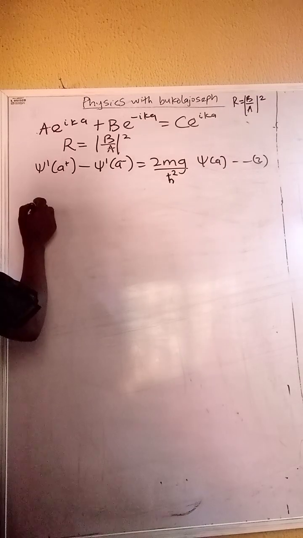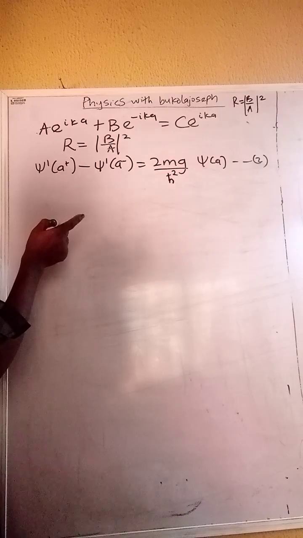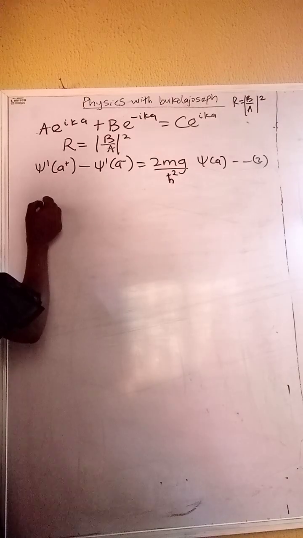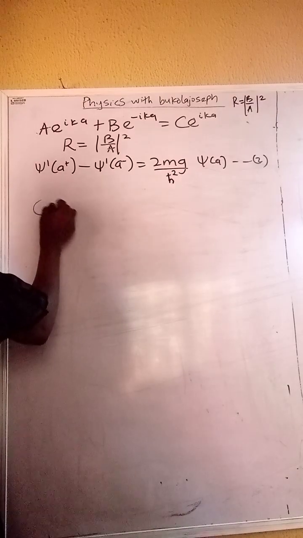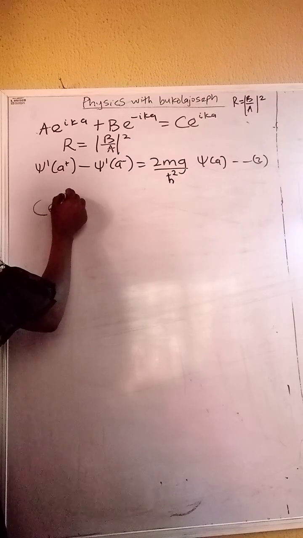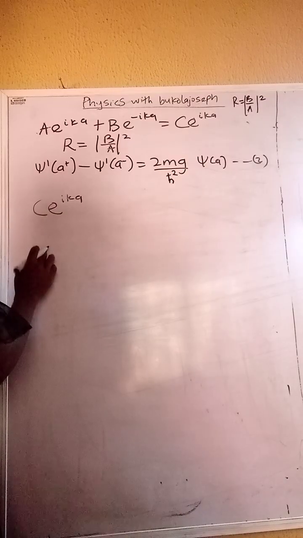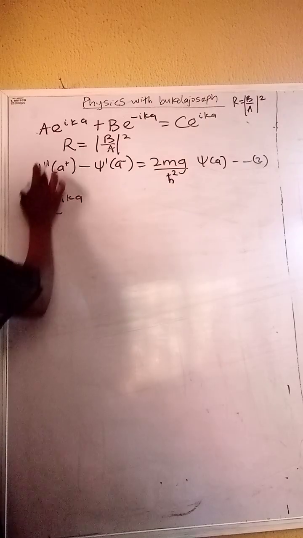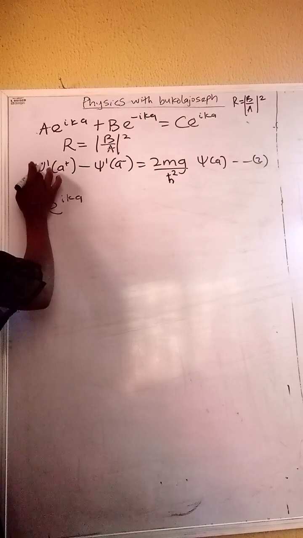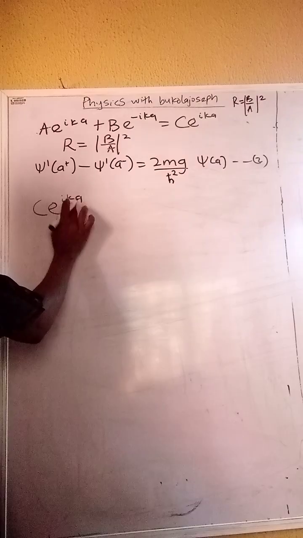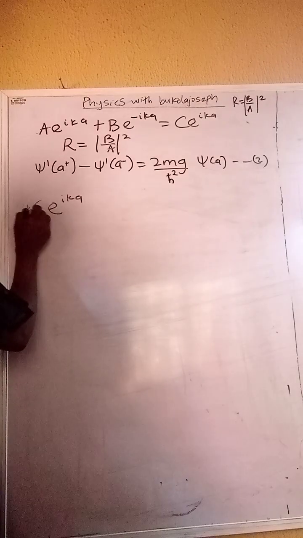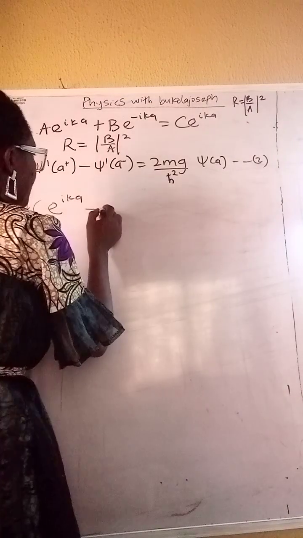So we are going to be differentiating with respect to x because it's psi prime. It means it's going to be beside the x. So differentiating this, we'll have ik here. Okay, so we have minus.